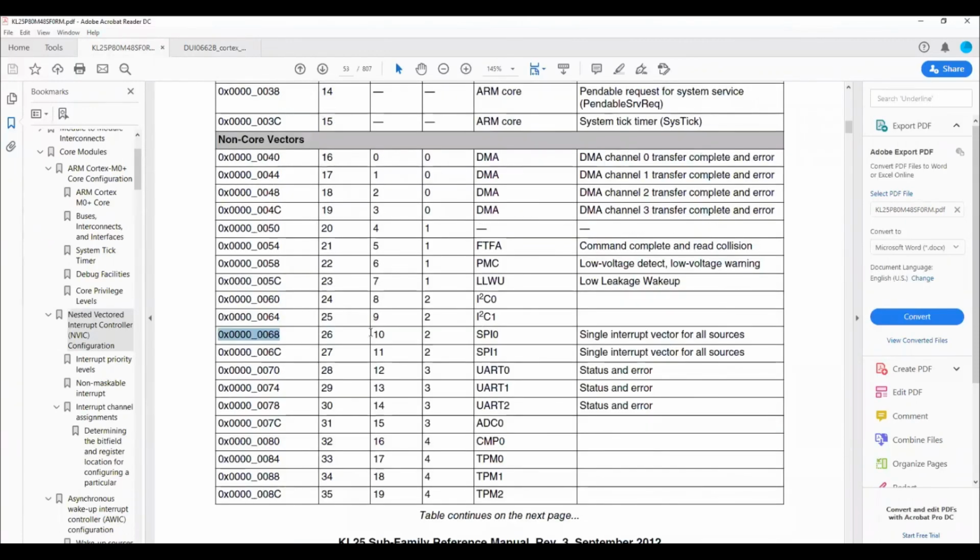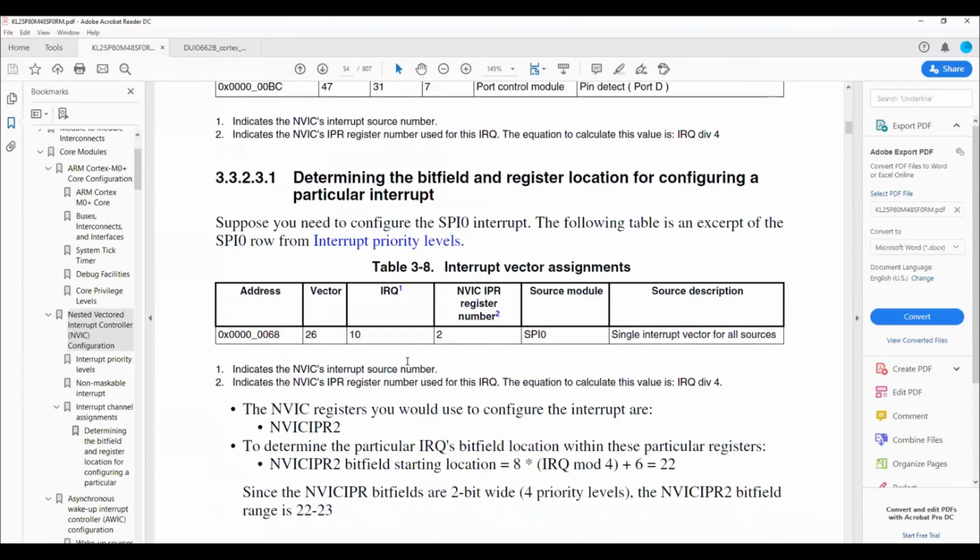SPI0 is here, this one, the serial peripheral interface. They copy-pasted for you the same table, only that entry. The address for the subroutine corresponding to SPI0 will be in here, and it is vector 26, IRQ number 10, NVIC IPR 2. So obviously you have to go and fill in the register NVIC IPR 2.